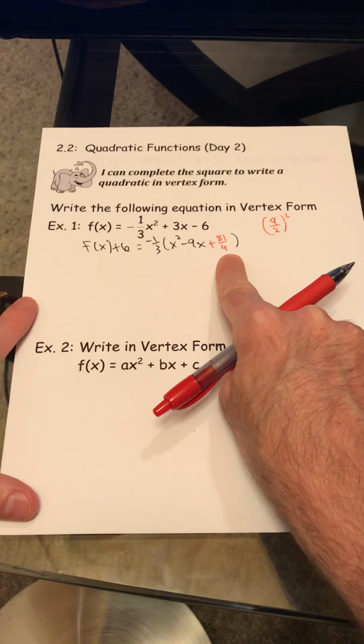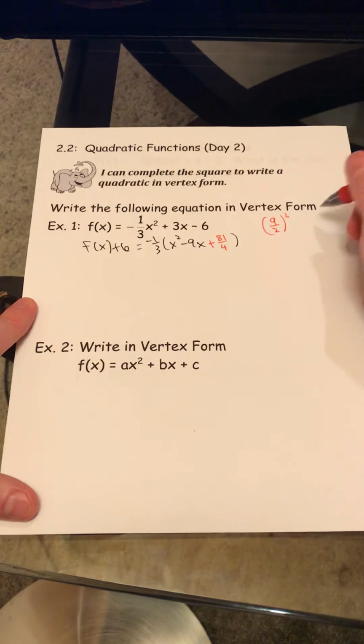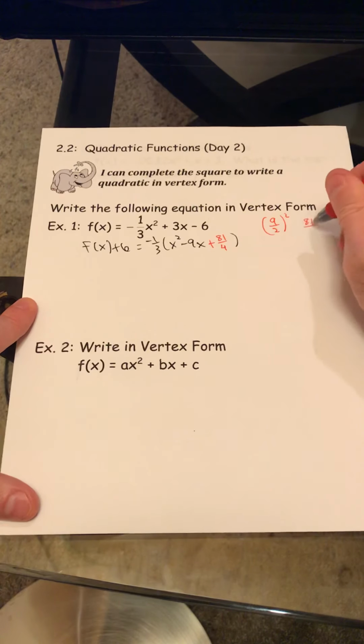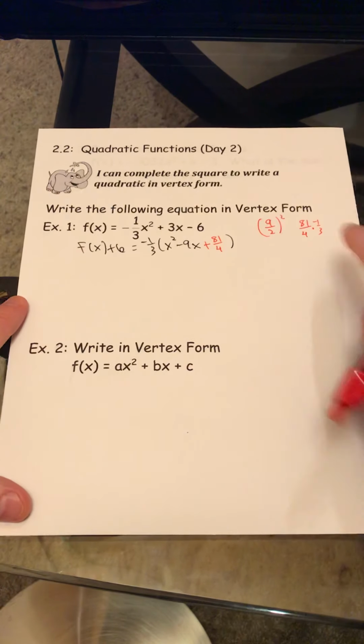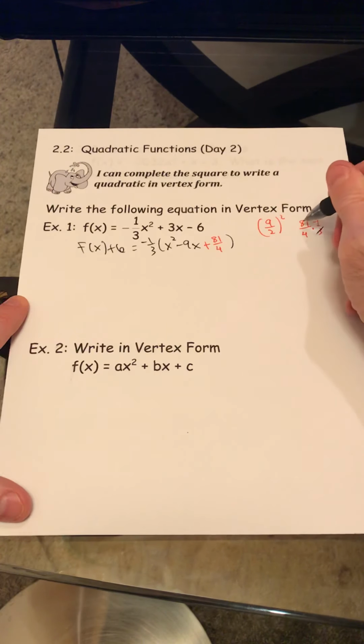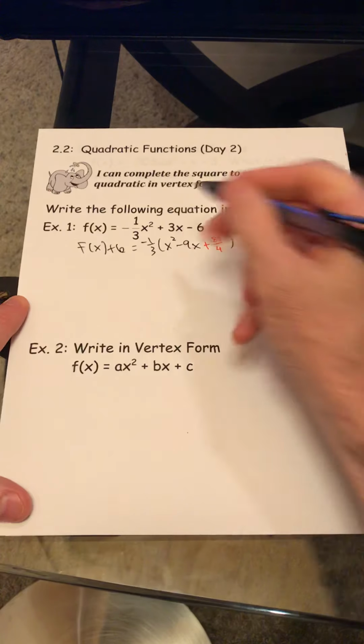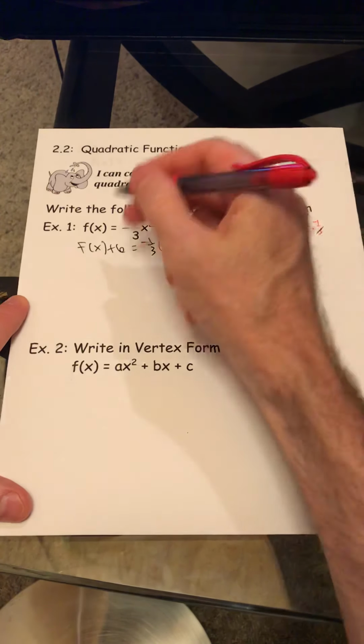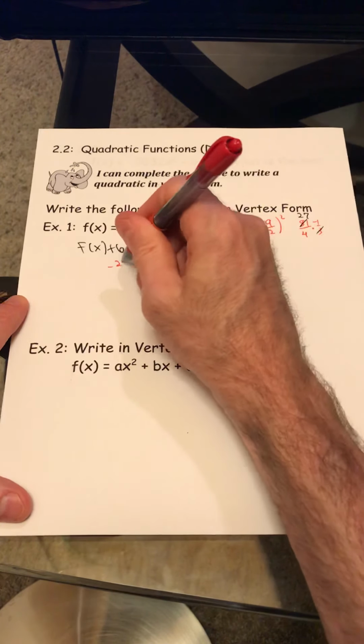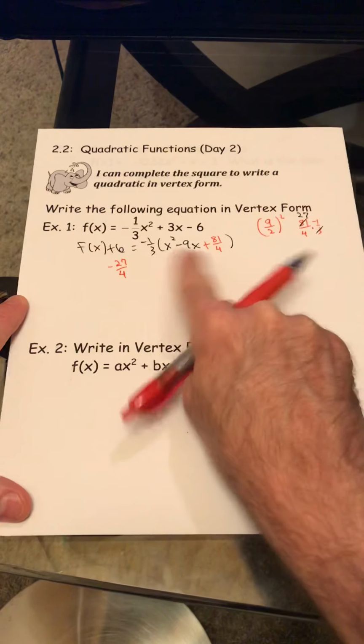Now, the other thing that I'm going to do, just off to the side here, is take 81/4 times negative 1/3, well, let's see here. That's going to reduce. So we end up with negative 27/4 when we balance it.